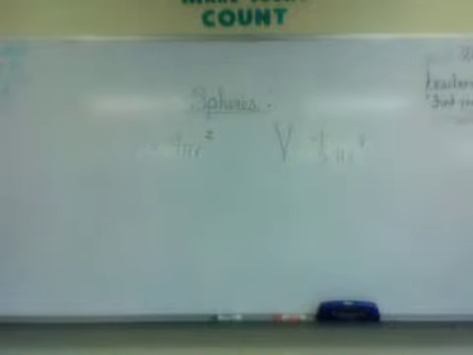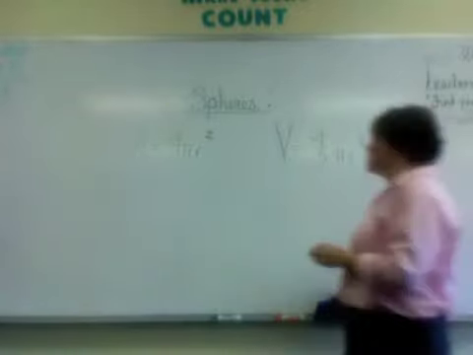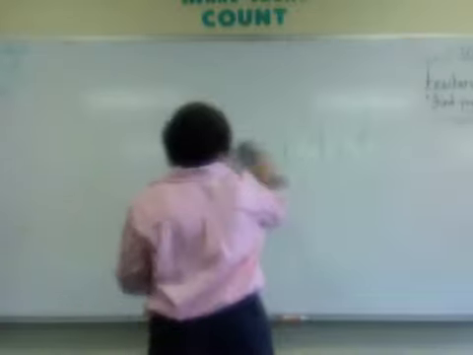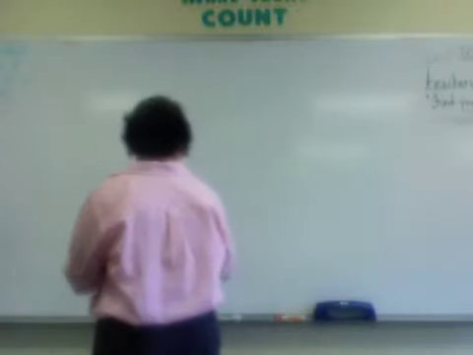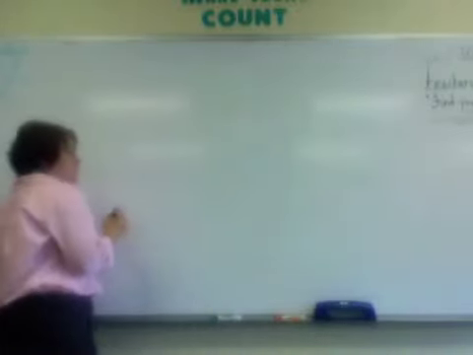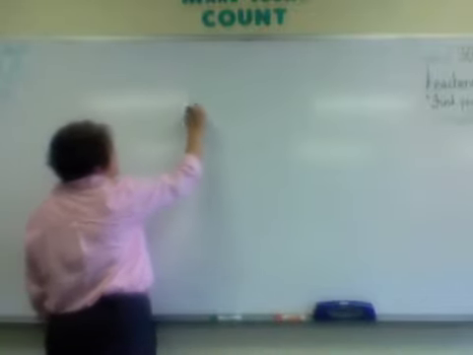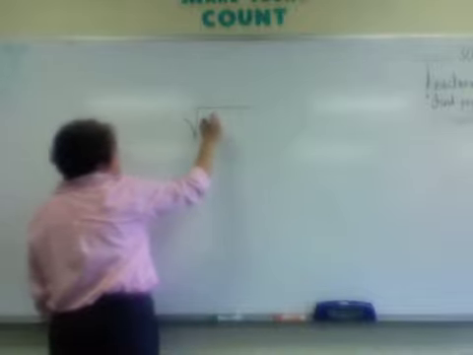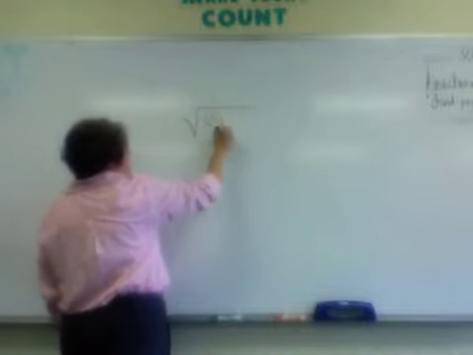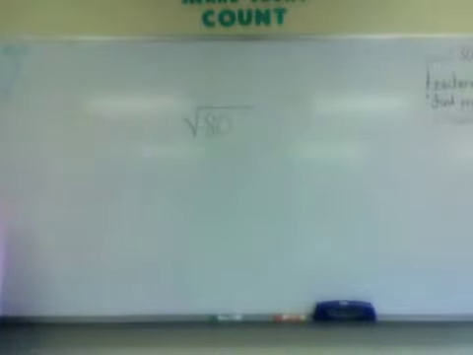Let's talk about working with radicals real quick. Let's do a little review on that. If you're working your Pythagorean theorem and you come up with something that, say, is the square root of 80, it needs to be reduced because radicals must be reduced to lowest terms.